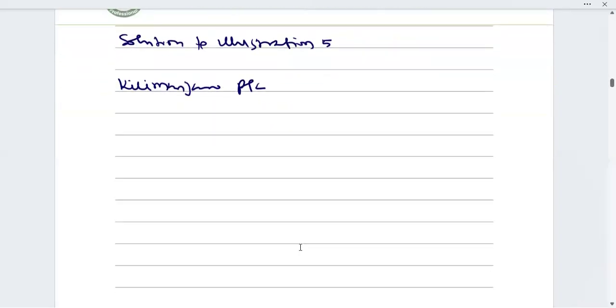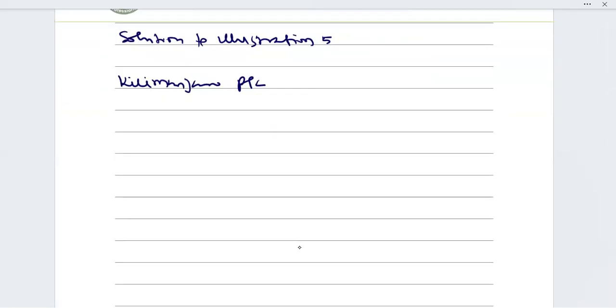So we want to calculate NPV. Requirement number A, calculating net present value. Figures in thousands. Let's put our figures in thousands or in million, whichever one.